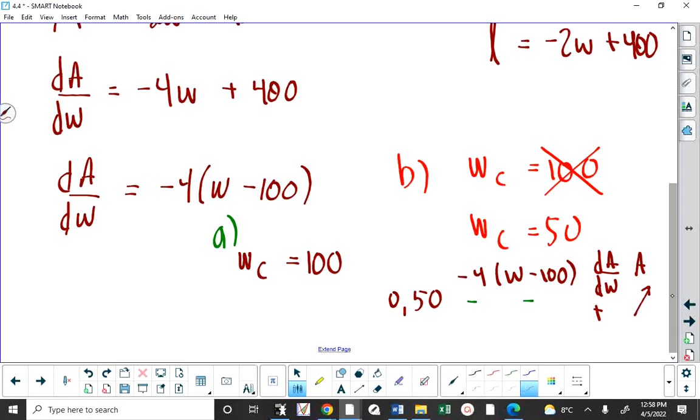If I understand you right, can you reason out that since you did question A and the maximum occurred when W was 100, the area was increasing up to W equals 100. I think I just said W equals 50 in A, but I meant 100. In A, the maximum area corresponds to W equals 100, so the area is increasing as we go to W equals 100. And since 50 is before 100, it must be increasing up to 50 as well. Is that a fair summation of what you said?